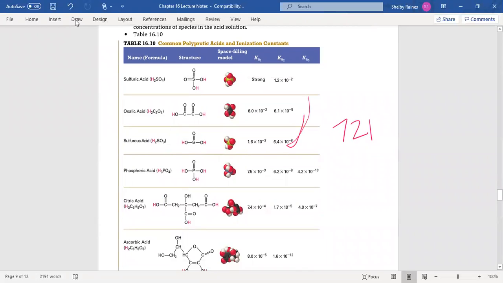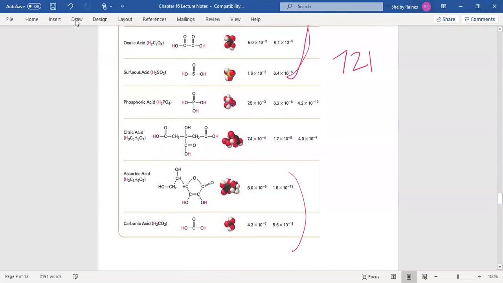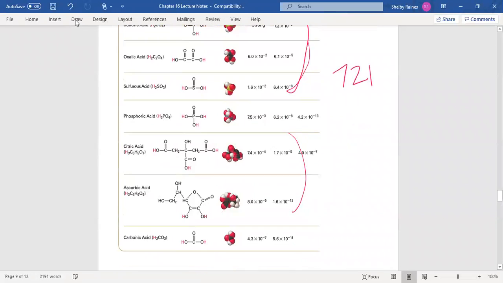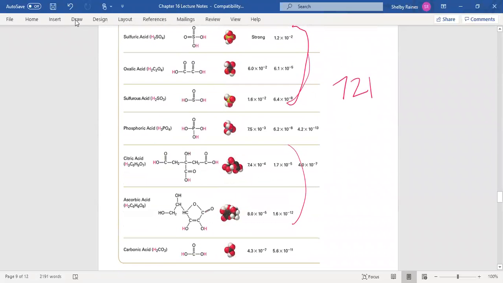Most of the time we'll be dealing with diprotic acids. Then there are two triprotic acids listed here as well.